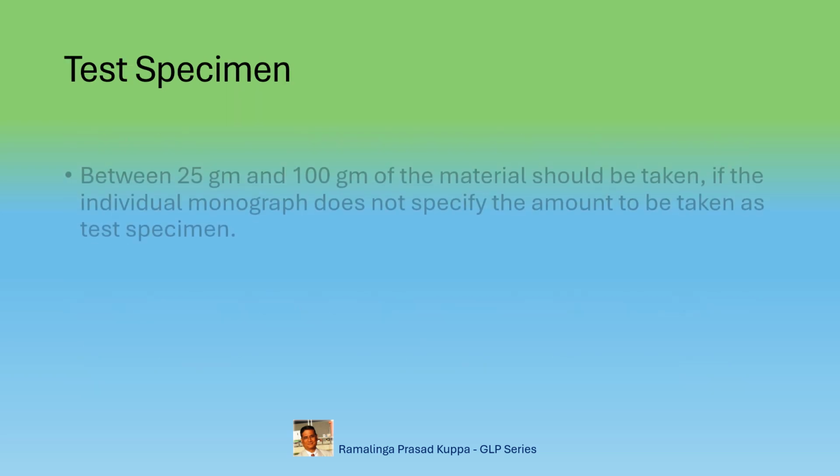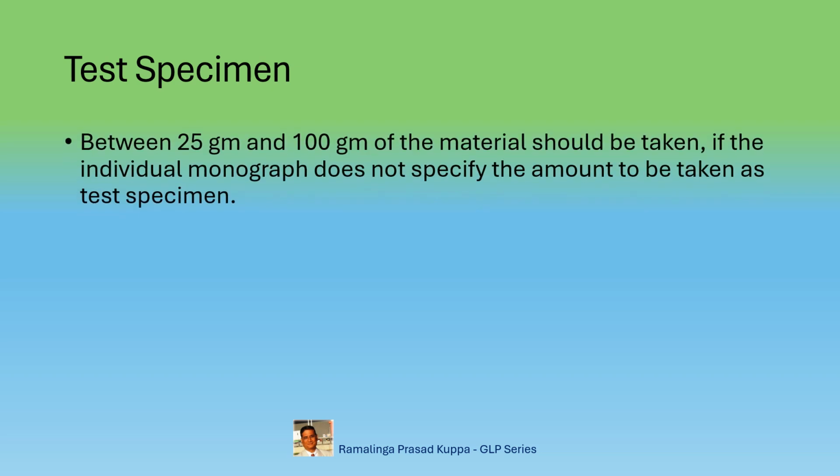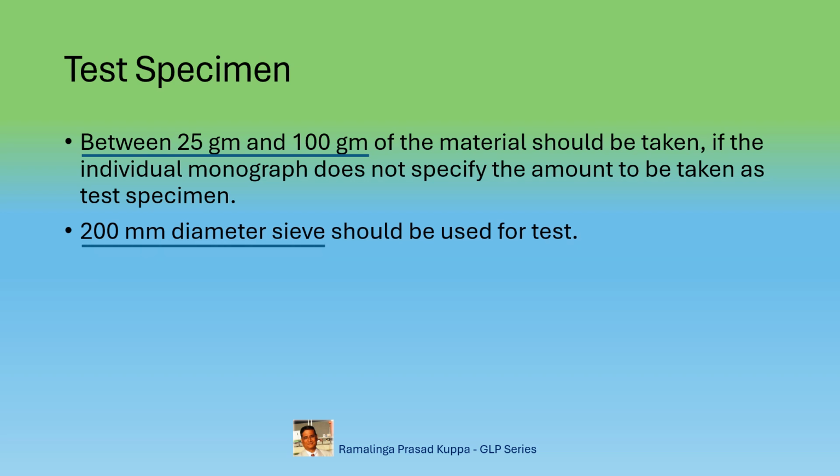Test specimen. Between 25 grams and 100 grams of the material should be taken if the individual monograph does not specify the amount to be taken as test specimen. Optimum amount of specimen may be derived after a couple of trials. A 200 mm diameter sieve should be used for the test.